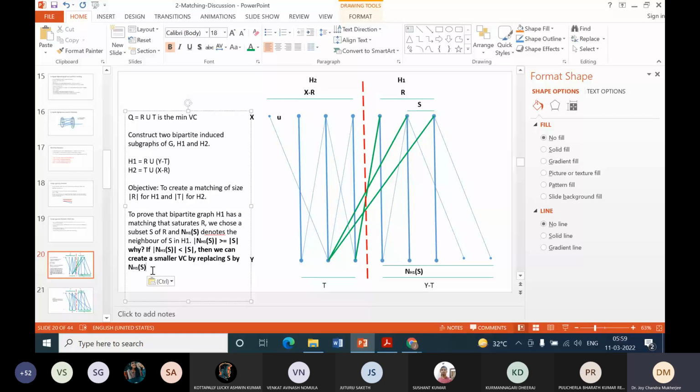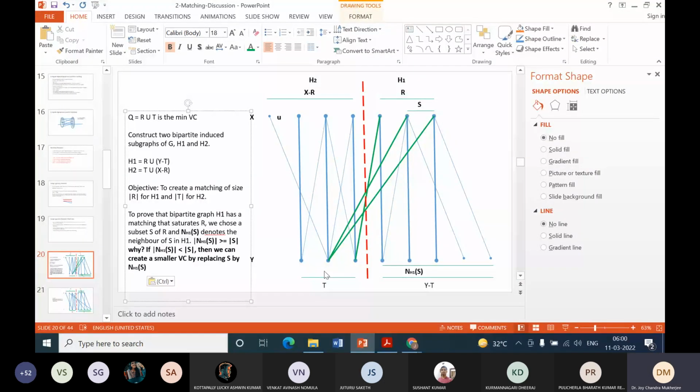So it is always true: N_H1(S) must always be greater than or equal to mod S, for all subsets S of R. And it is a bipartite graph, so we say that this bipartite graph must saturate R. In the same logic, we can prove that in bipartite graph H2, all the vertices in T are saturated.